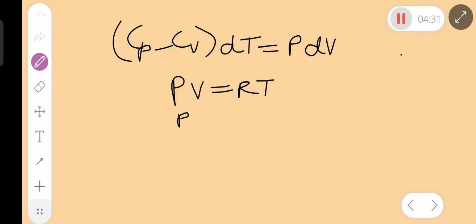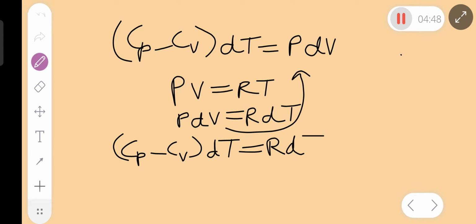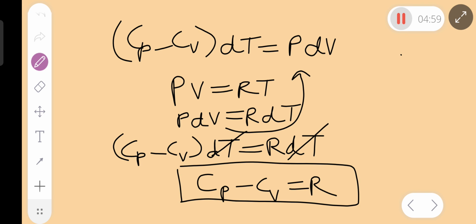So p dv can be written as R dt. Substituting the value over here, you will get Cp minus Cv, dt, is equal to R dt. This dt and dt will cancel out. You will get Cp minus Cv is equal to R. So this is the most important relation.